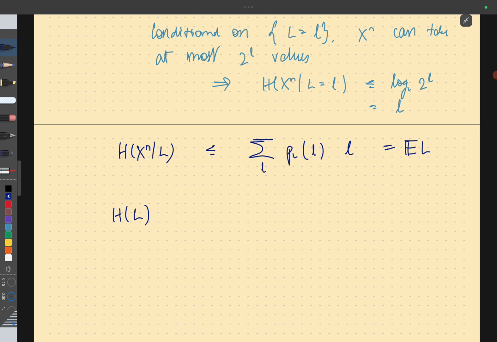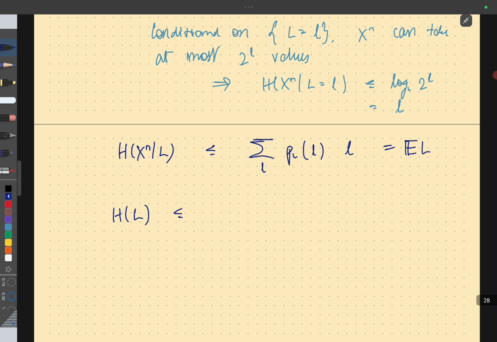L is a random variable which takes values 0, 1, 2, 3, all the way up, potentially all the way up to infinity. It's supported over the set of whole numbers. And we know what the expected value of L is: it's equal to the expectation of L, the expected codeword length.